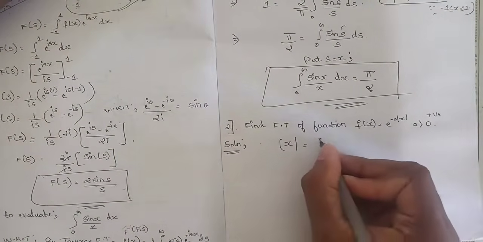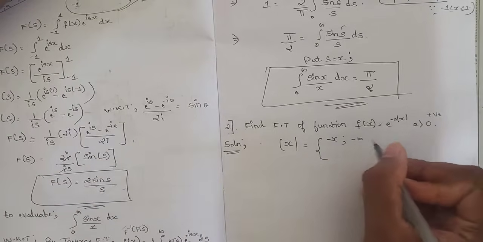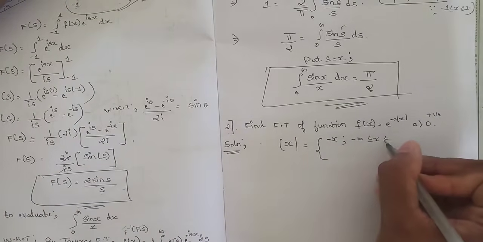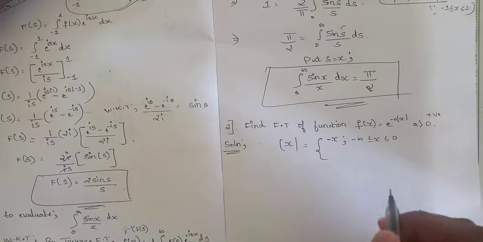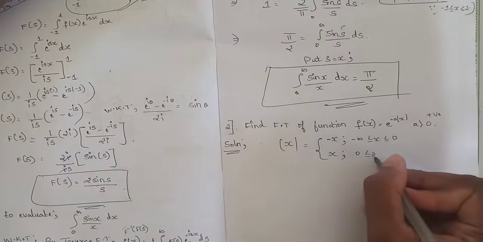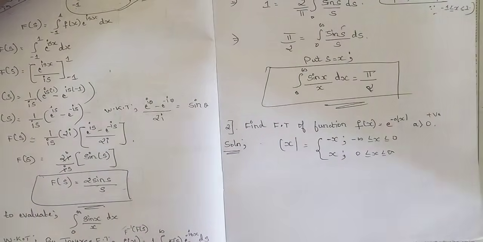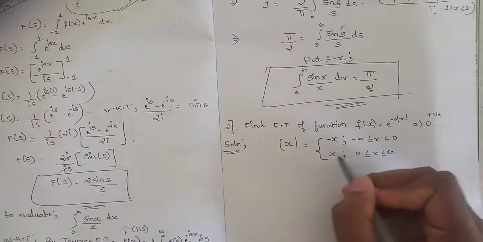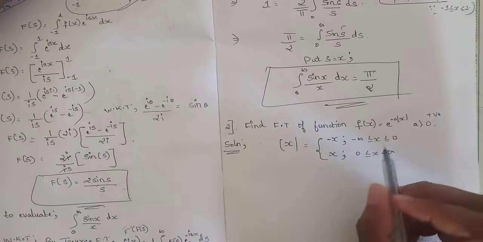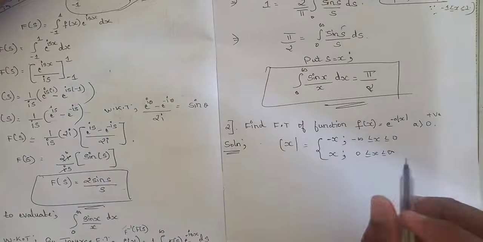By definition, mod x is minus x whenever x lies between minus infinity to 0, that is whenever x is negative, and mod x is x whenever x lies between 0 to infinity, that is whenever x is a positive number.